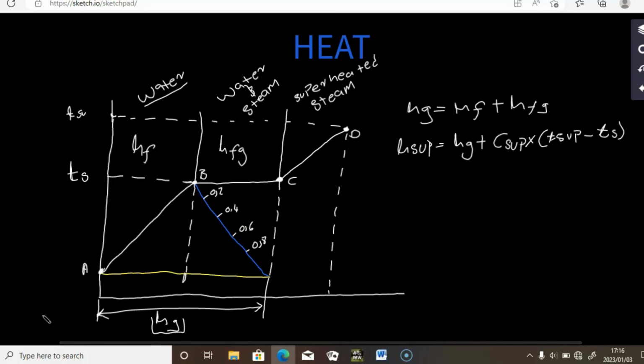And for wet steam, we will be having the enthalpy that was added from point A to point B, which is HF, and then depending on how much of that is steam, we will be having the dryness fraction represented by X times HFG.